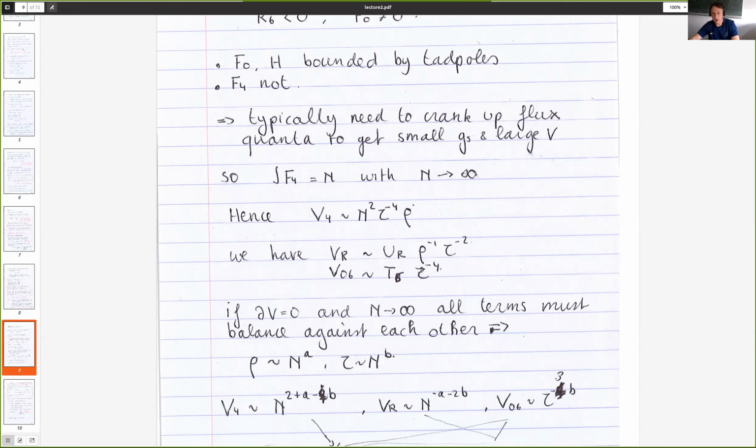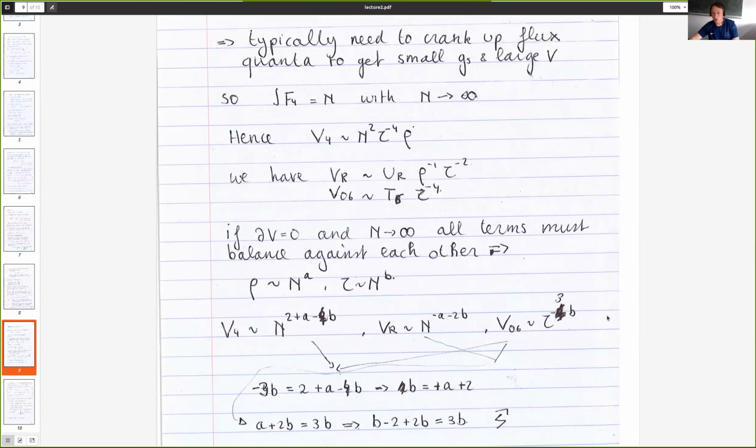So what I do is just fill this in here, and I'm not taking any derivative. I'm saying, look, if you get a minimum, it is because terms balance against each other. So that means that they have almost exactly the same scaling with n, right? The scaling with n of V4 is this expression. The scaling of VR with n is then this expression. And this is true for VO6.